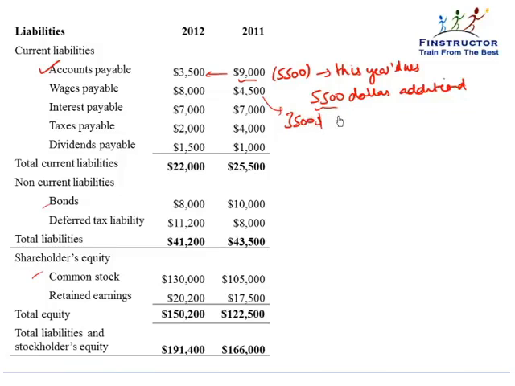So what this implies is that we did not pay $3,500 worth of wages, which is why the wages payable have gone up.